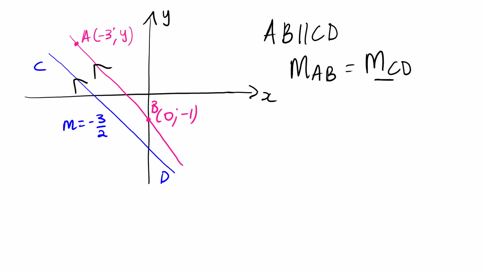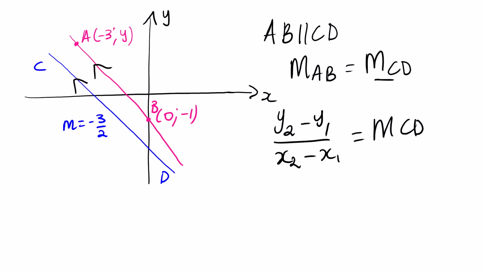So we can simply expand y2 minus y1 over x2 minus x1 is equal to MCD. Remember, this side is for point A, this one is for point B. Actually, it's point AB, I'm sorry, point AB, and then this side we have CD.